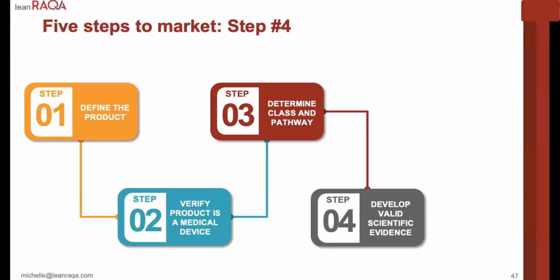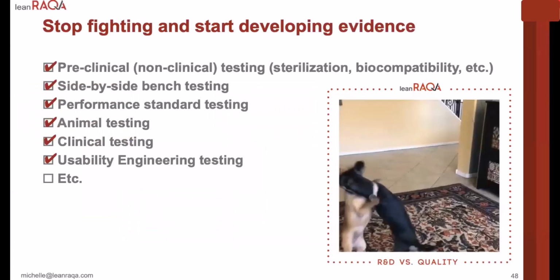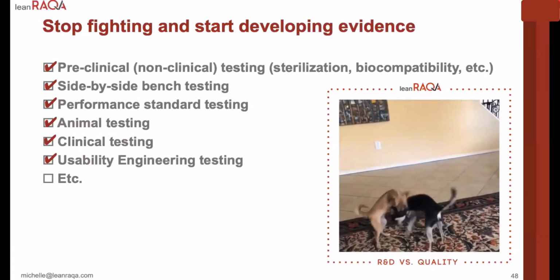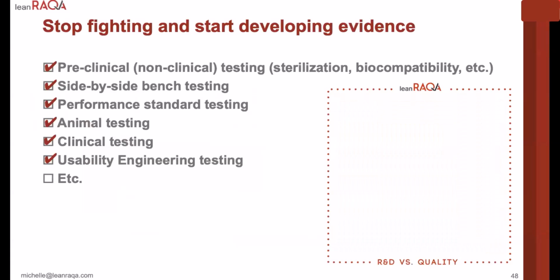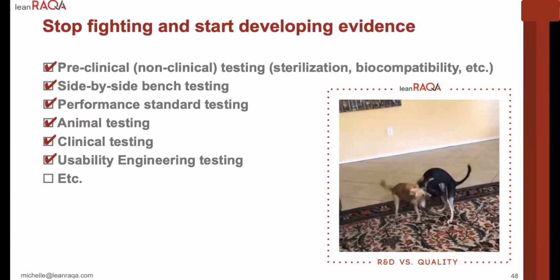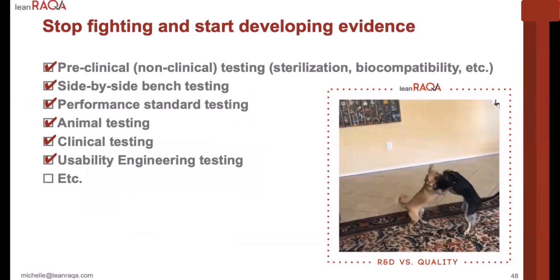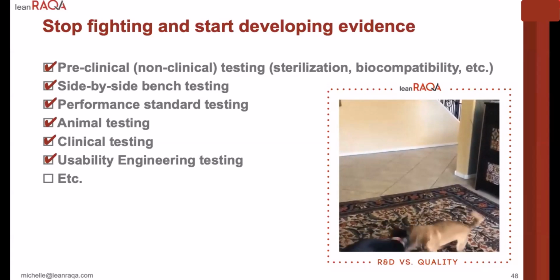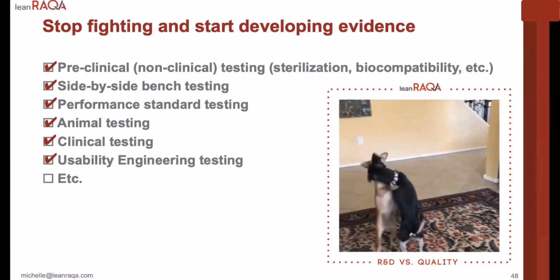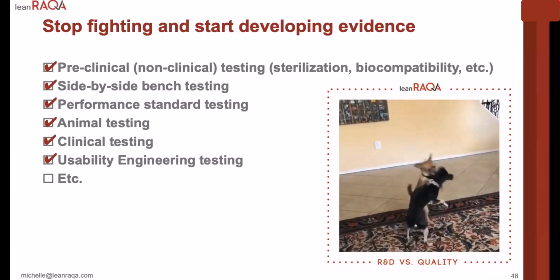So let's look at developing valid scientific evidence. This one's pretty straightforward. You know, I just constantly see the fight between R&D and quality or regulatory. You're going to need preclinical benchtop testing, things like sterilization, biocompatibility, performance testing.